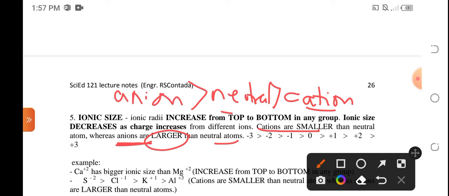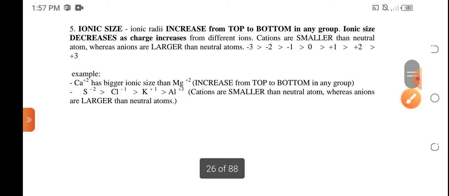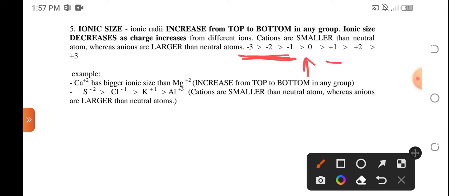Ang pinakamalaki in terms of ionic size ay those that bears the negative charge or known as the anion, then followed by the neutral atom, and then pinakamaliit si cation. Kaya nga kapag isusulat natin yan, okay, those with negative charge is bigger than the neutral, and that neutral is bigger than those with positive charge.